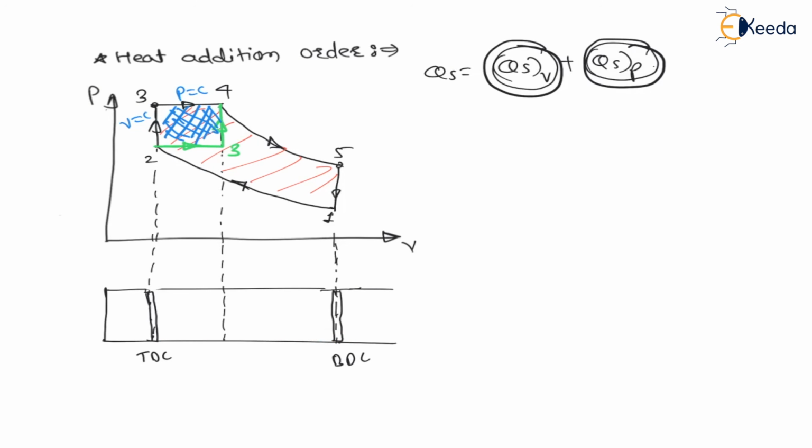But if the heat addition order is changed, that is, if heat is added at constant pressure first, then from TDC to this point 3, the piston will be in motion, right? And from 3 to 4, the piston will have to stop at this location for some time to get heat added at constant volume, and during motion it is practically impossible to stop the piston for the constant volume heat supply process. Therefore, the heat addition order is always at constant volume first, later at constant pressure.